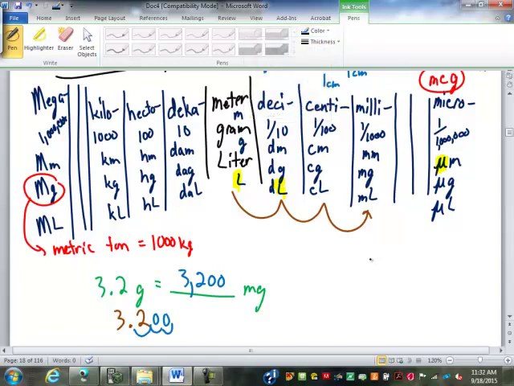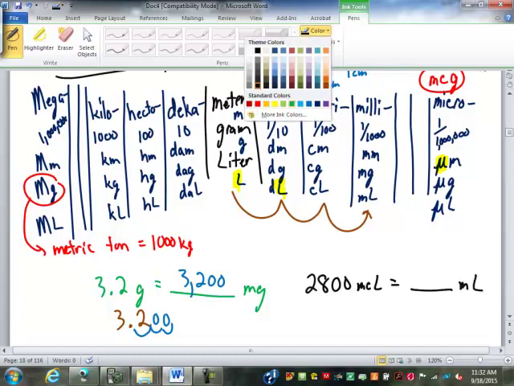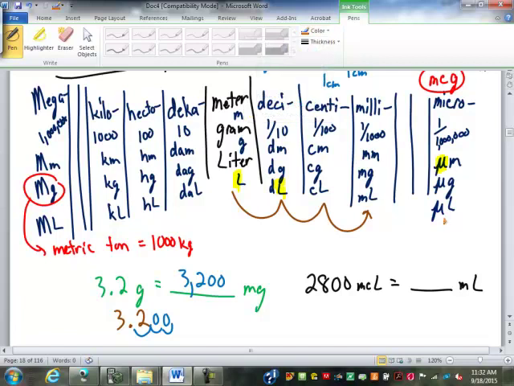If I wanted to convert 2,800 microliters into milliliters, to get from microliters to milliliters on my chart, here's micro. I have to go 1, 2, 3 spots to the left. Even though those spots are empty, they're still place values.